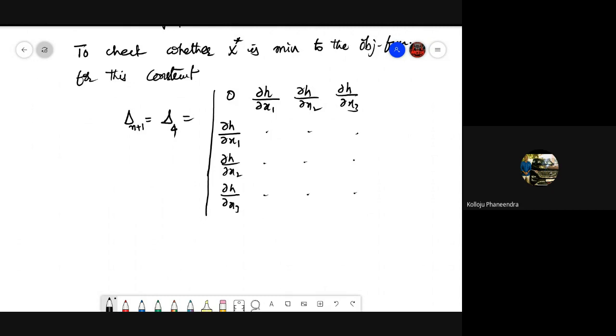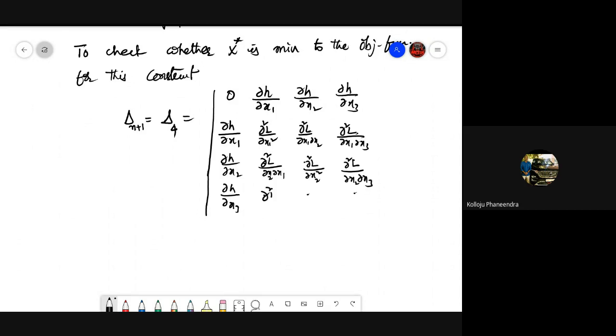Now, from here onwards, what are these positions? Second order partial derivatives of L. This is dou square L by dou x1 square, dou square L by dou x1 x2, dou square L by dou x1 x3. Next, dou square L by dou x2 x1, dou square L by dou x2 square, dou square L by dou x2 x3.